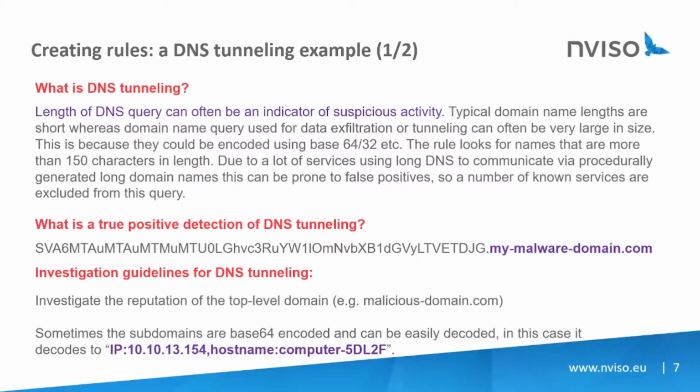Of course, this is just an example, so you can get the idea of how a true positive would look like. But if you were an analyst trying to investigate such an alert, you could check the reputation of the top level domain, when it was registered, and how many requests do you normally get towards that domain in your environment.